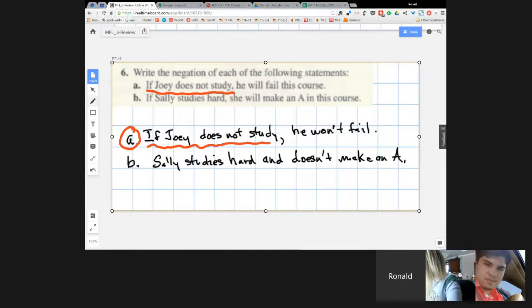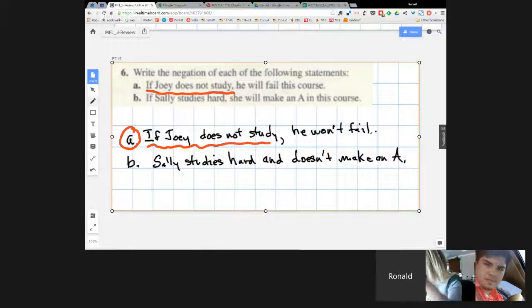That one was a little bit tricky. So negating an if-then, you keep the first part true and you negate the second. Right, that's exactly right. And that's because the only line in an if-then truth table that's false is when the first statement's true and the second statement's false.